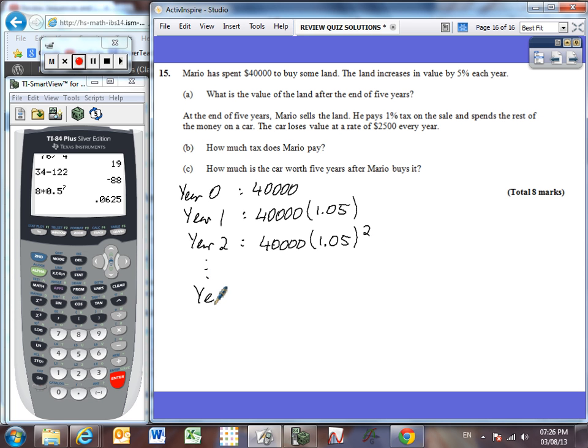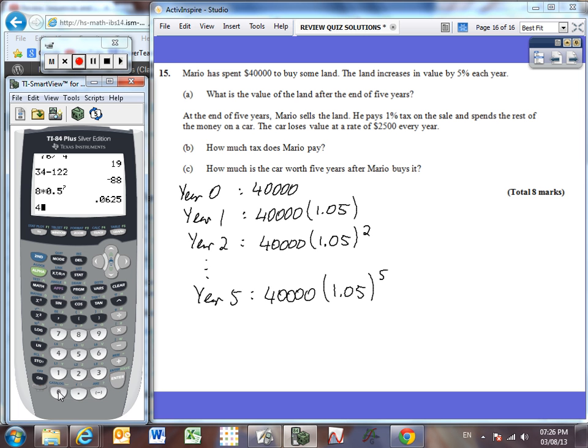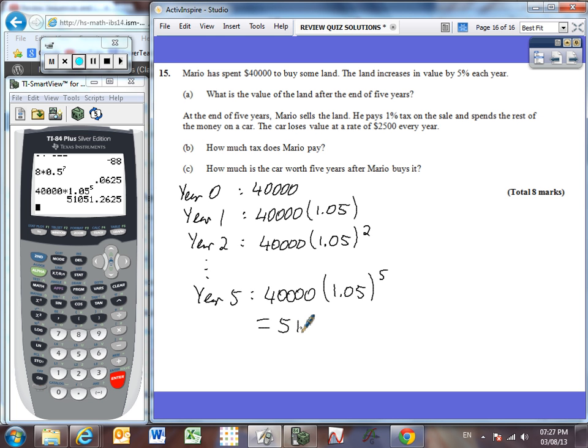By the time I get to year 5, his original $40,000 parcel of land has been growing by 5% for 5 years. So 40,000 times 1.05 to the power of 5. And that's the new value of the land. 51,051.26 if I round to 2 decimal places.